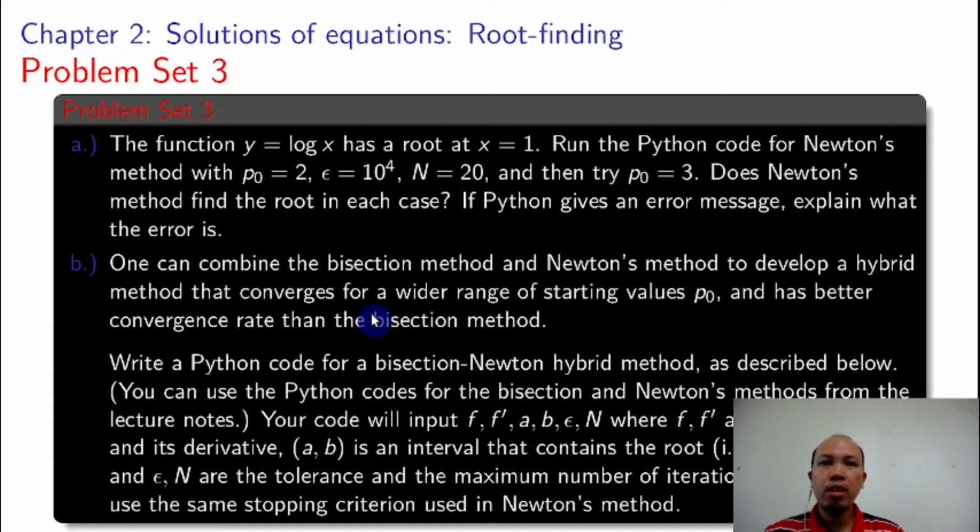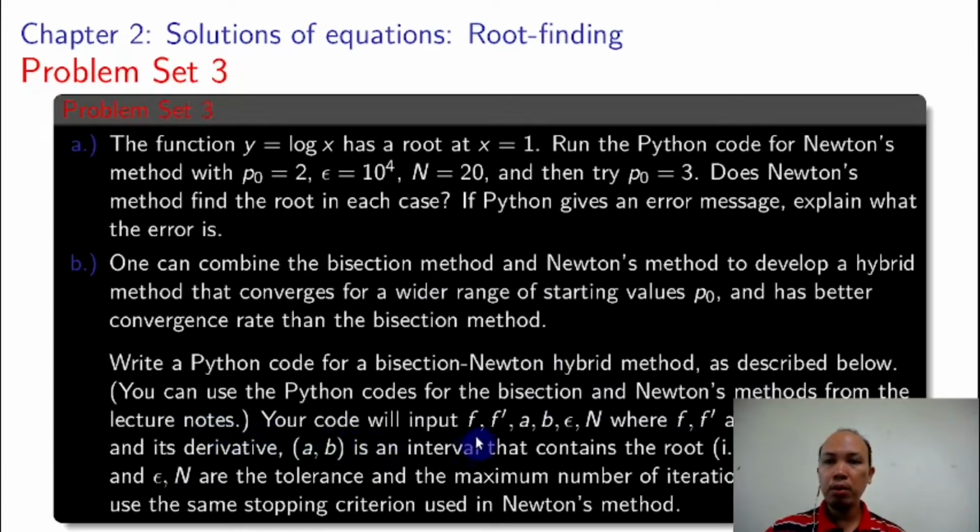For letter B, one can combine the bisection method and Newton's method to develop a hybrid method that converges for a wider range of starting values P sub 0 and has a better convergence rate than the bisection method. So write a Python code for a bisection Newton method. This is the hybrid method, combining Newton's method and bisection method as described below. You can refer to your lecture notes.